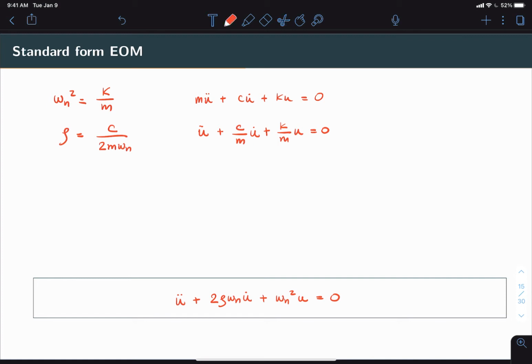This standard form comes in really useful when sometimes you're given a damping ratio instead of a damping coefficient. So you're given zeta instead of c. It is also really useful in observing that the equation of motion is really only dependent on two variables, zeta and omega n, not on three, m, c, and k. So the only thing that really matters is actually the ratio between c and m and k and m.